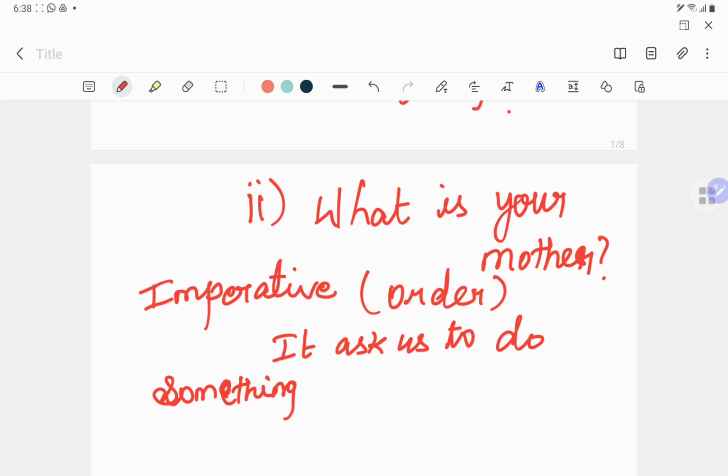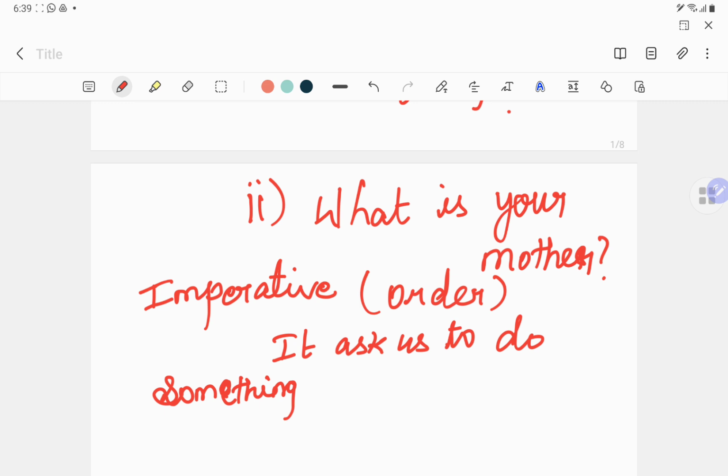Most of these sentences tell us some work to do, and we want to do that work. That kind of sentence comes under the imperative. Mostly that kind of sentence must be in an order way.